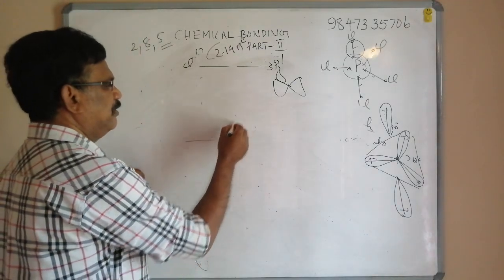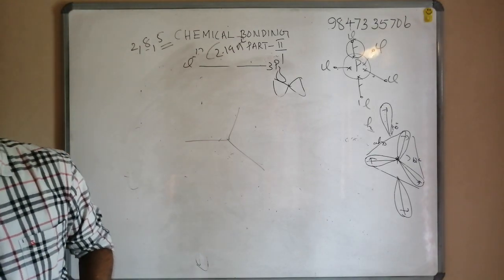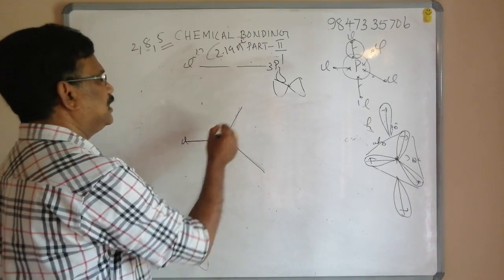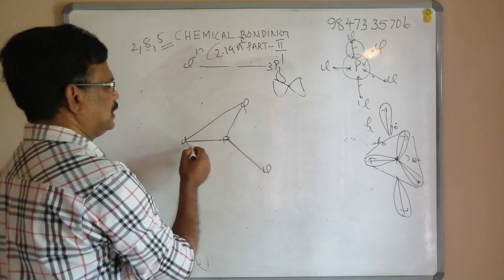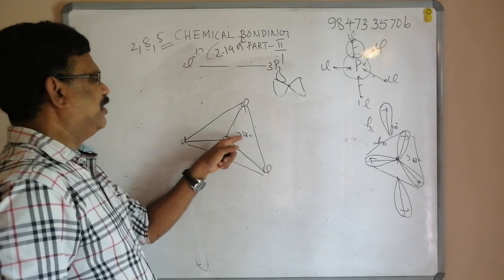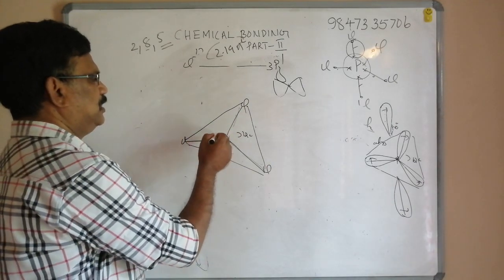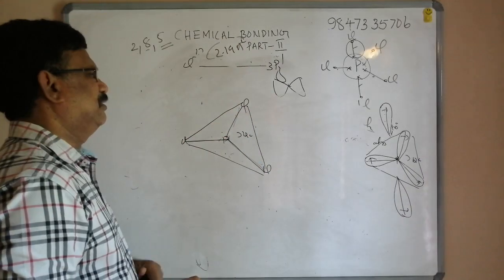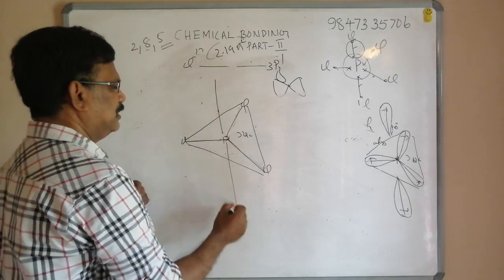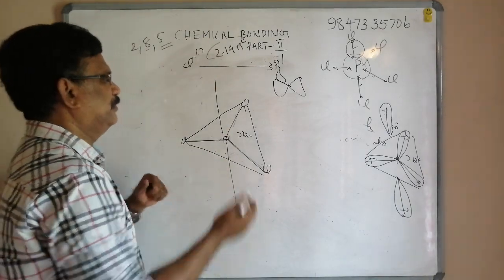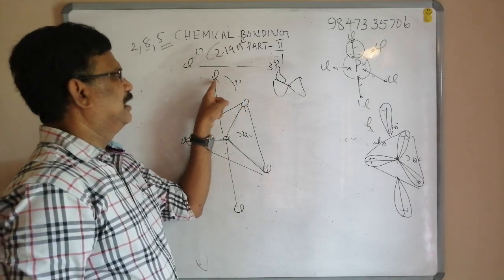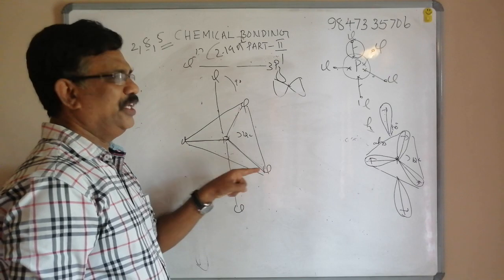Again PCl5: the equatorial chlorine atoms are at an angle of 120 degrees from each other, 120, 120, 120, totalling 360. The axial chlorine atoms are 90 degrees above and 90 degrees below. So between an axial and an equatorial chlorine the angle is 90 degrees, very close, while the equatorial ones are 120 degrees far away.